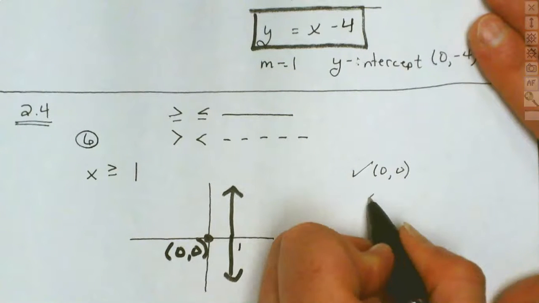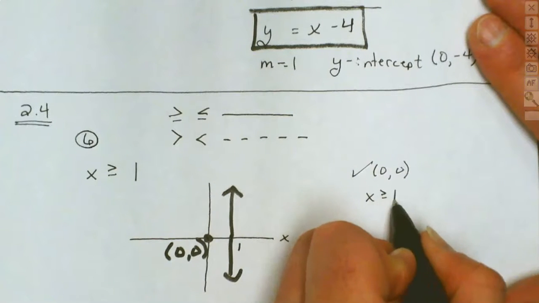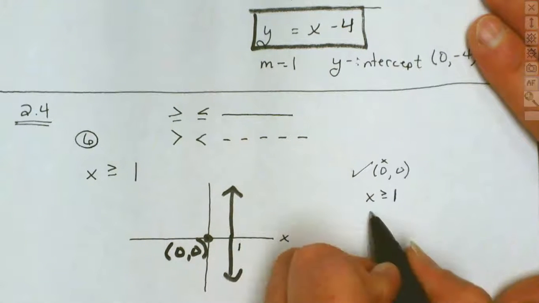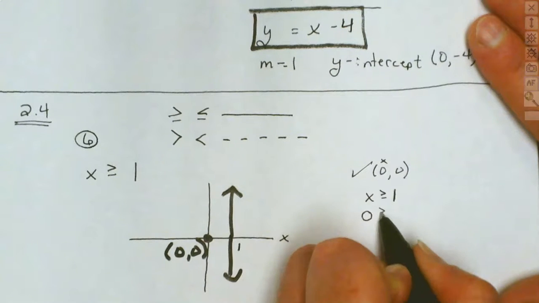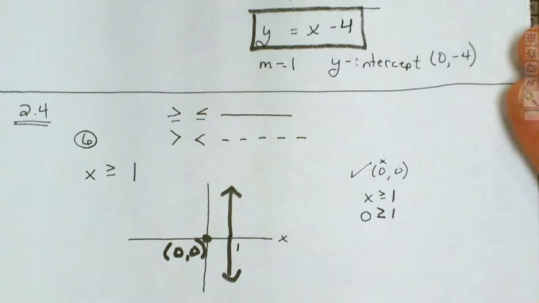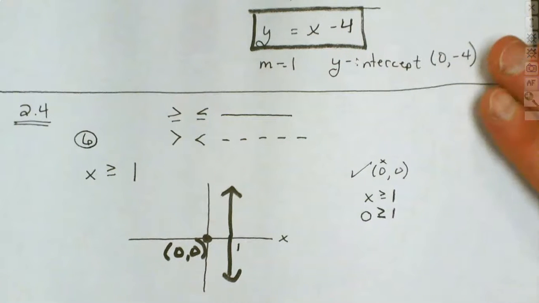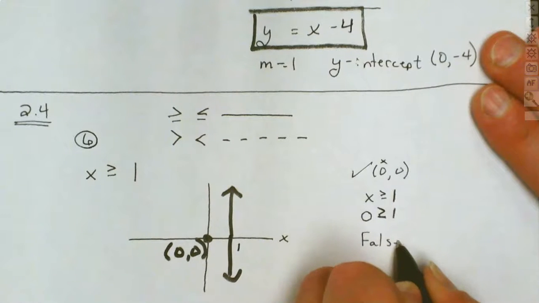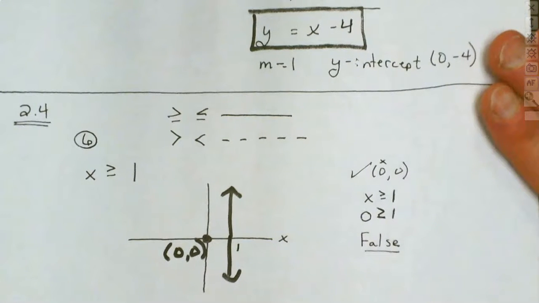We're going to check this in. X is greater than or equal to 1. So this is our x value. So is 0 greater than or equal to 1? Is that true or is that false? No, 0 is not. So that makes that false.